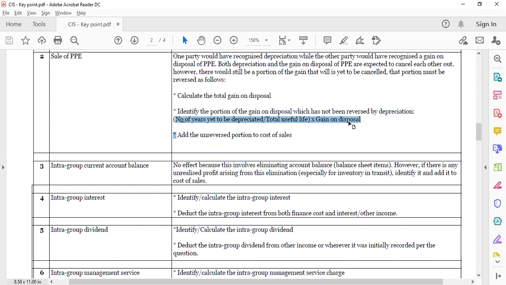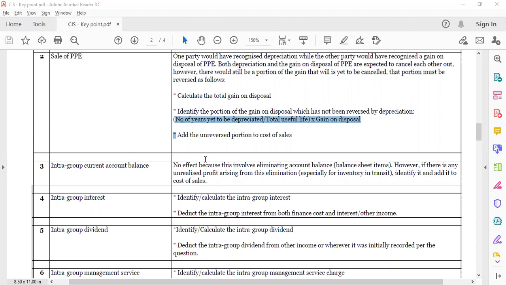But along the line, depreciation has already assisted us in reversing a portion of the gain. We are just expected to concentrate on only the portion that has not been reversed by depreciation. I don't want to overflog that. I think it may best be explained when we start solving the questions.